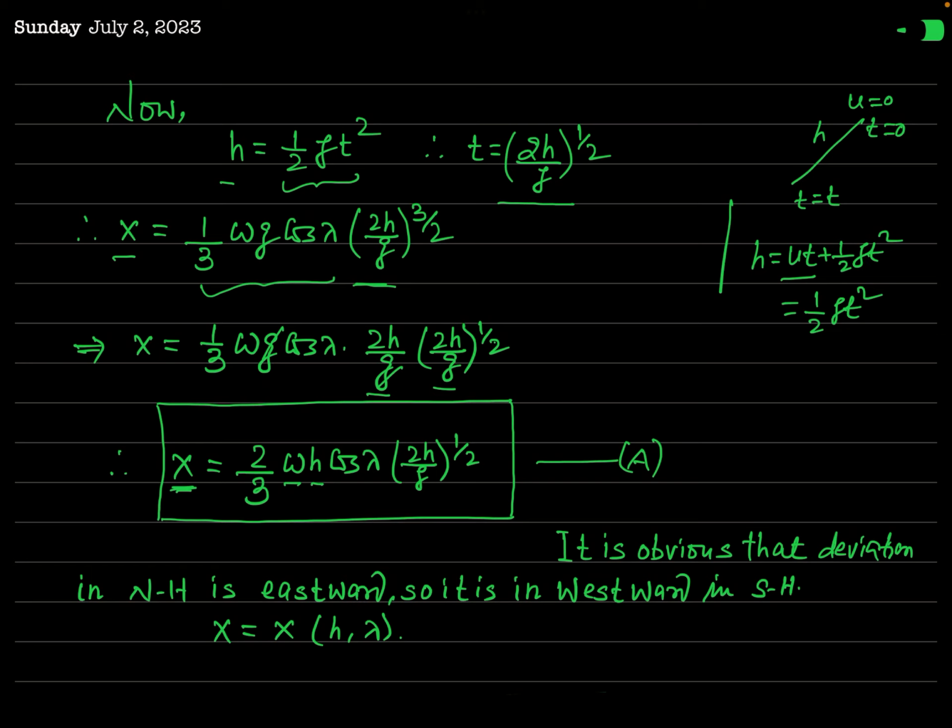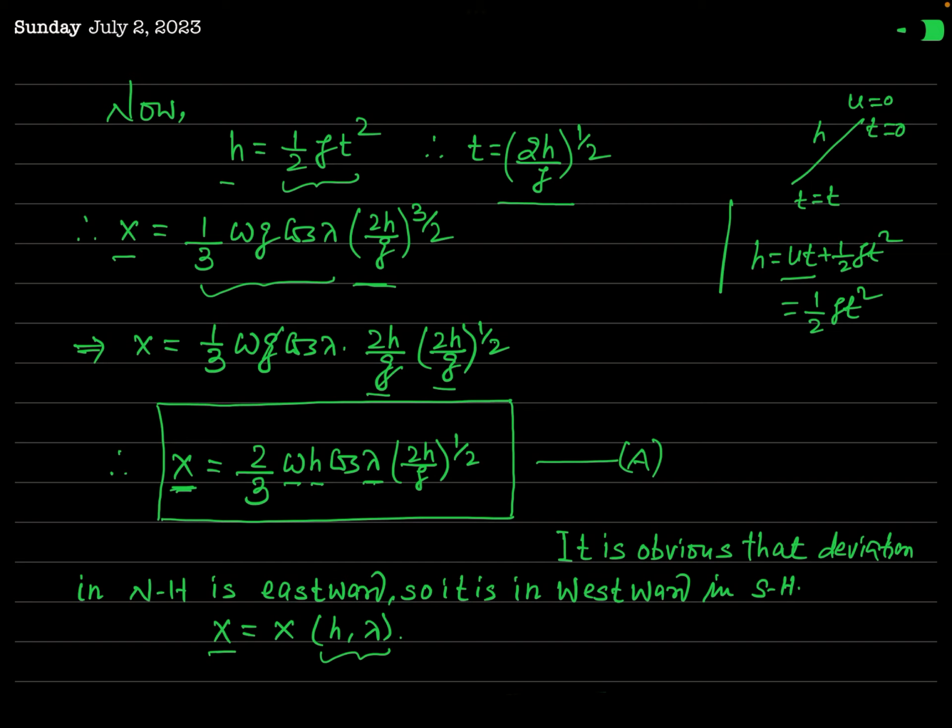It means the height of the point from where the body will be dropped. On that h, x will depend. And the other factor, which is very remarkable, is lambda, the latitude of that place or that point from where the body will be dropped. So you can say that the deviation x suffered by the body due to the Coriolis force is a function of two variables or two parameters, h and lambda.